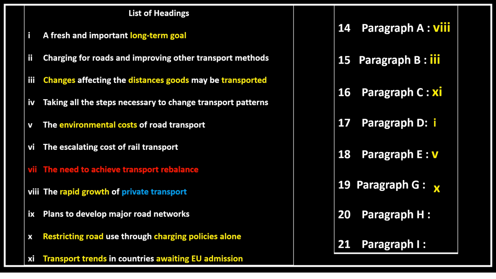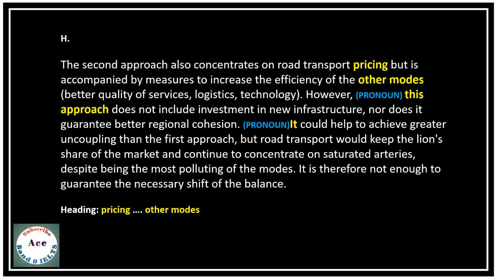Now let us try another paragraph. The next paragraph is H. In this paragraph also, pricing is found. But along with pricing, this paragraph talks about other modes. In the previous paragraph, it talked about solely through pricing. It is all about pricing only.